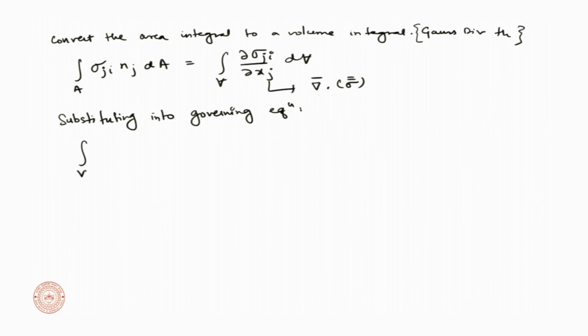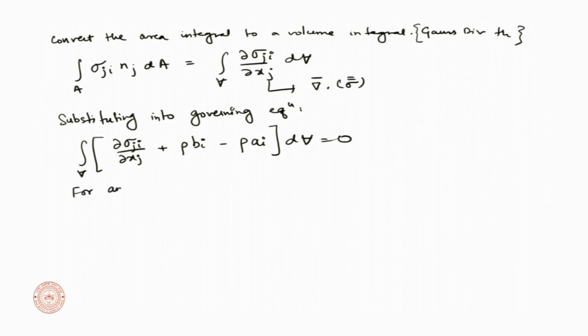We will have the integral over volume V. We can take all the volumetric integrals into one term and club them together to save some time. So, it is del sigma_ji over del x_j plus rho b_i minus rho a_i, dV, equals 0.